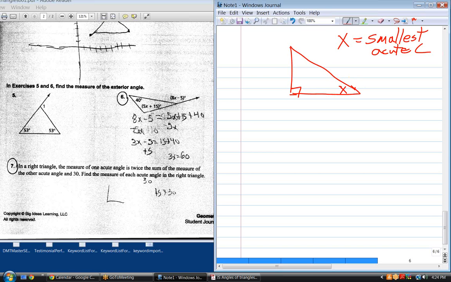Now, from the first sentence, give me an equation that I can write. What is the measurement of that angle right there, based on the first sentence? We'll call that y.